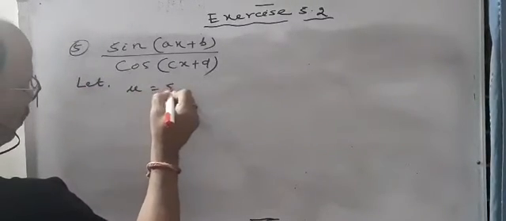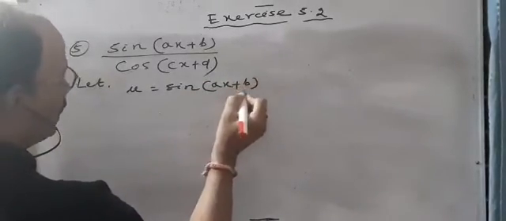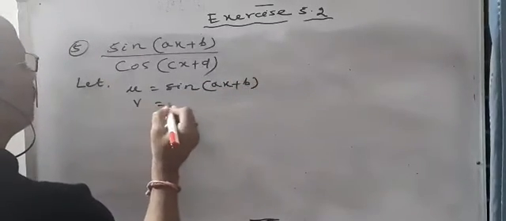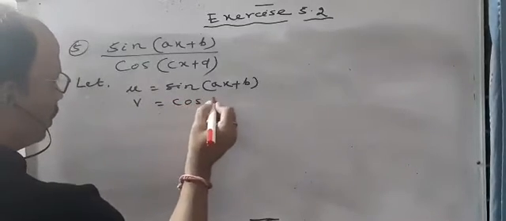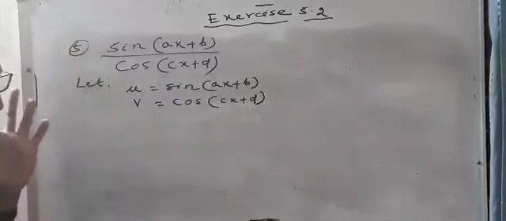So let u equal sin ax plus b and v equal cos cx plus d. Clear?